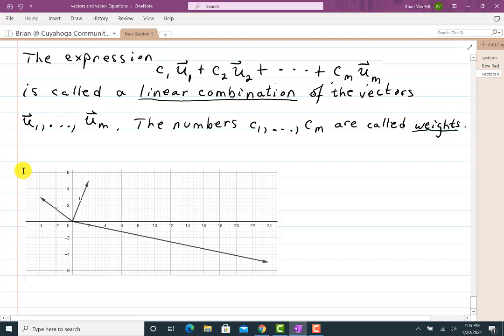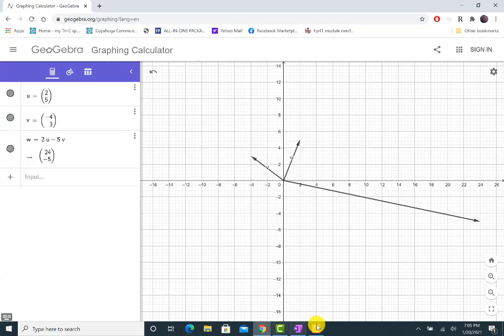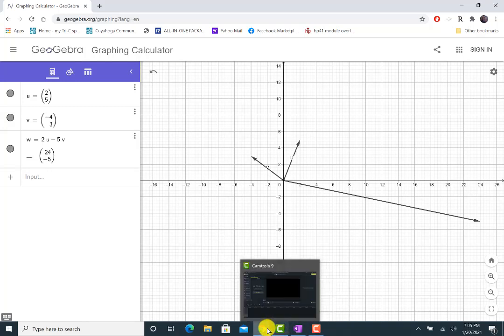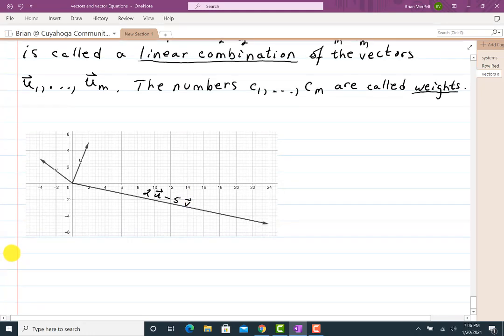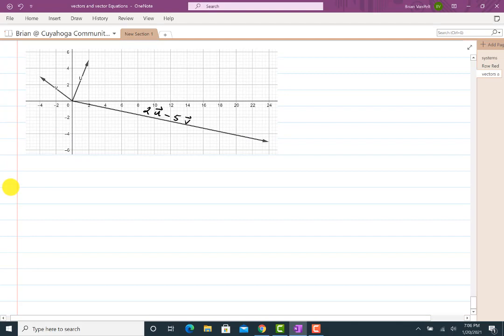So here is an example. I've got my U and my V. I don't remember what it was. Was it 2U minus 5V? So this was 2u minus 5v. So that's a linear combination. Notice that the output was a vector. Let's do just a few others. I want you to see what the outputs are. You can actually compute these if you want to.